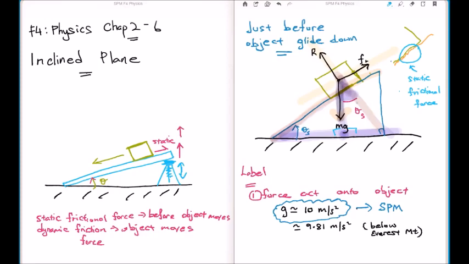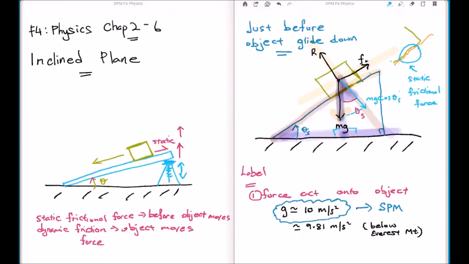Then if you manage to resolve it, there are two components. The first one is the one going downwards. You need to find out its magnitude, because it is going downwards, so you drop a perpendicular line to it. This first one will be mg cos theta.